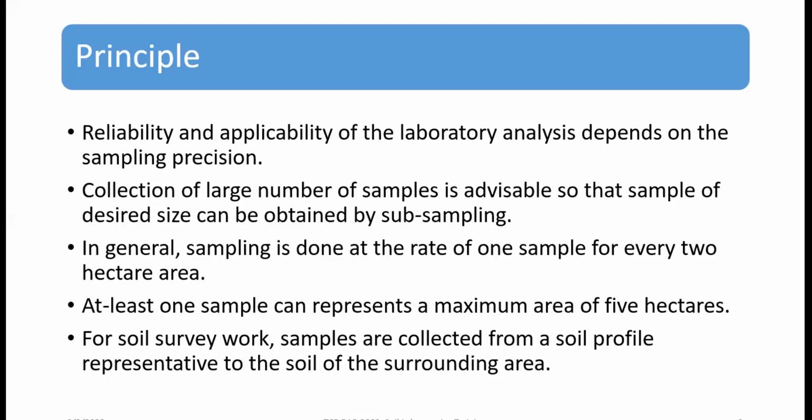For soil survey, the soil can be collected from a soil profile. Normally, when we have a location, we can get a soil sample from a profile, or from a trench or augers.